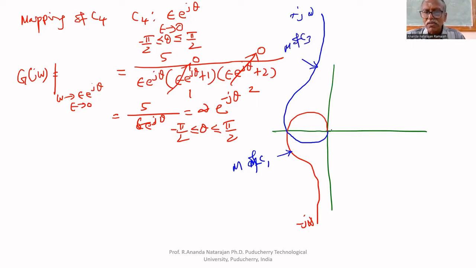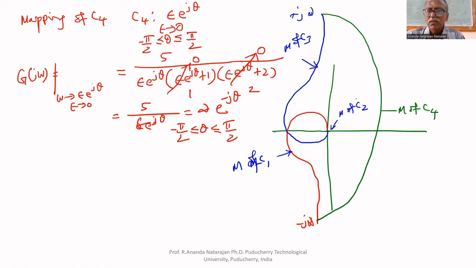Mapping of C2 is a dot at the origin. This is the mapping of C2. This is the mapping of C4. Its radius is infinity. It varies from pi by 2 to minus pi by 2. This is the mapping. So now we have to find where it intersects the real axis.